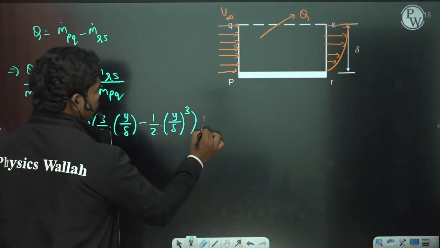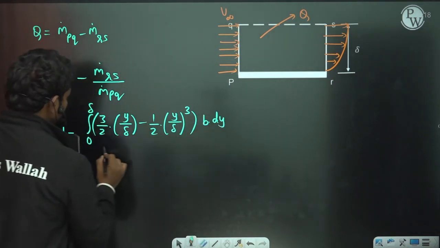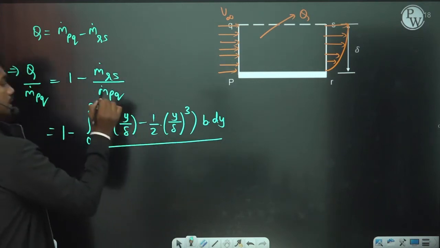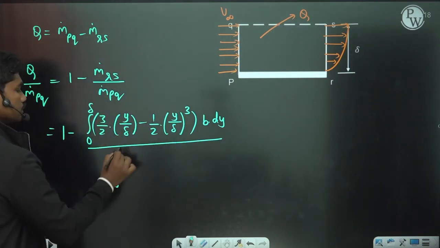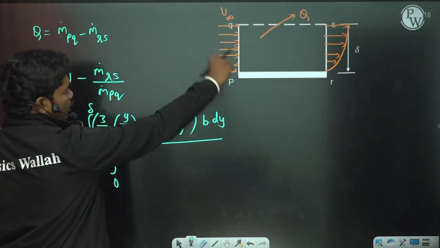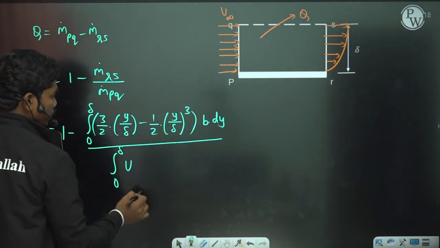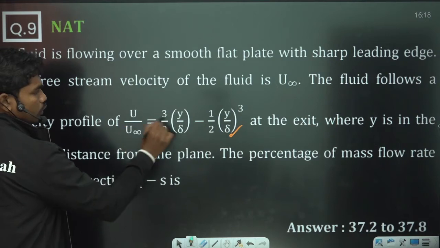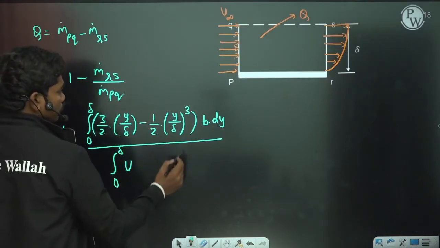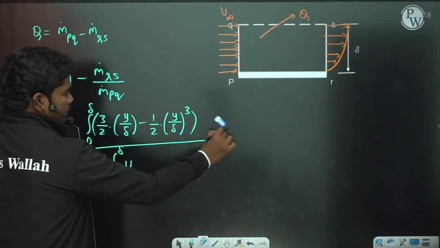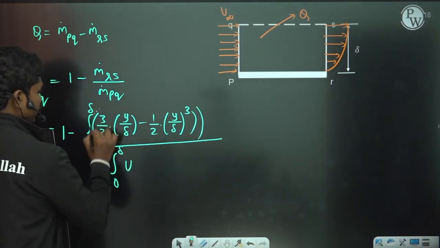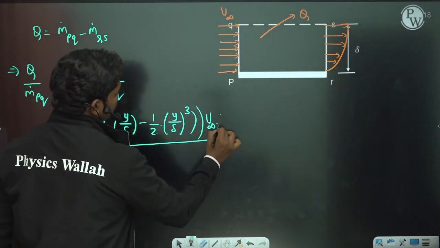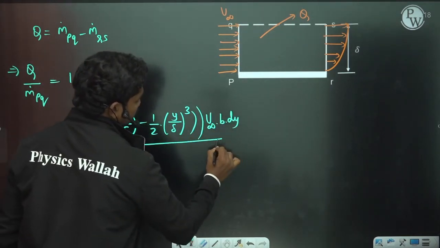This is divided by the mass flow rate actually flowing through PQ, 0 to delta. At PQ the velocity is uniform, so u is equal to u infinity into b dy. So this is the integration you need to carry out.